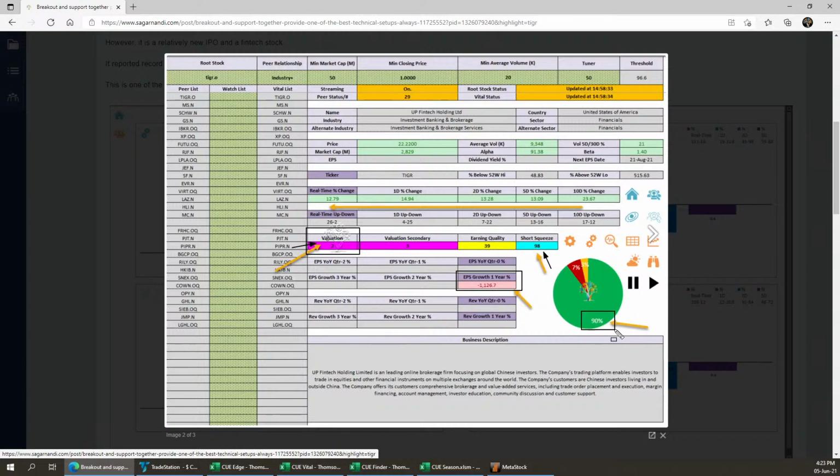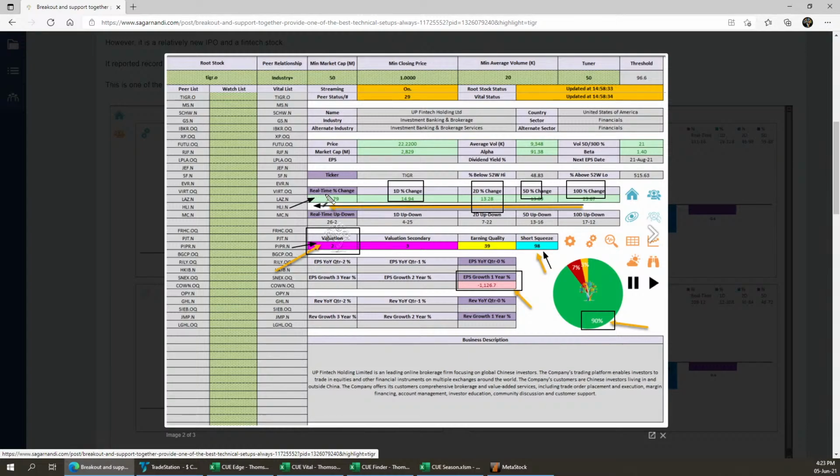And on that day, not only was the industry relatively strong, 90% of the PR stocks were strong. Another encouraging thing for this stock was that steadily it was going up over 10 days, 5 days, 2 days, 1 day, and even on that day in real time everything was green.